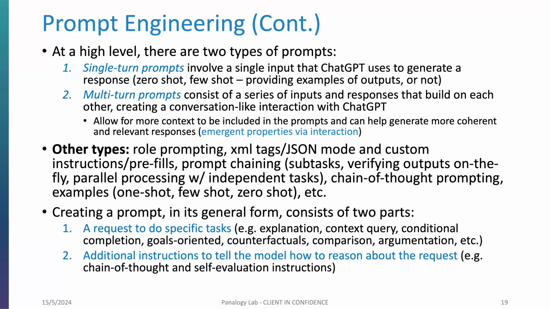Otherwise, it's obvious. With the prompt, you have to be specific enough with the information and context you're providing, but also specific enough in the task you want it to do and how you want it to respond. If you leave it open to interpretation, you're probably going to get 10 or 12 different types.